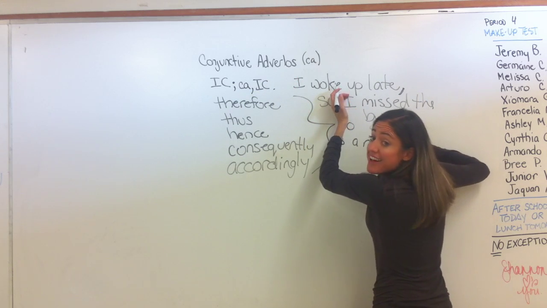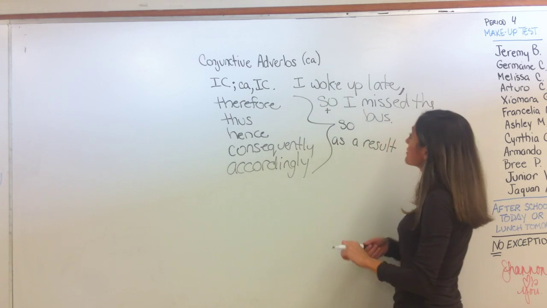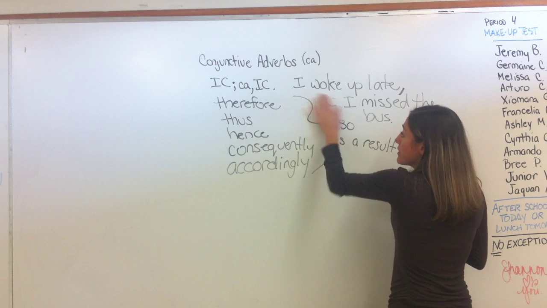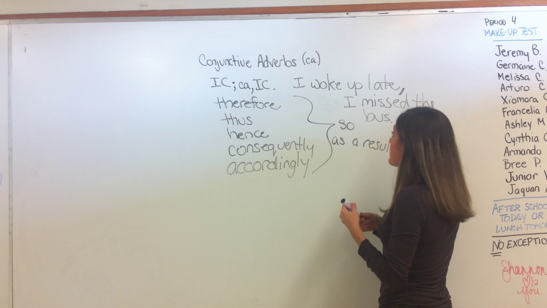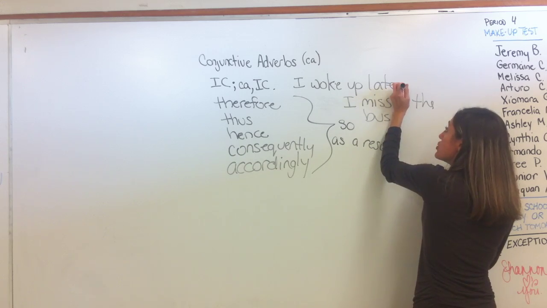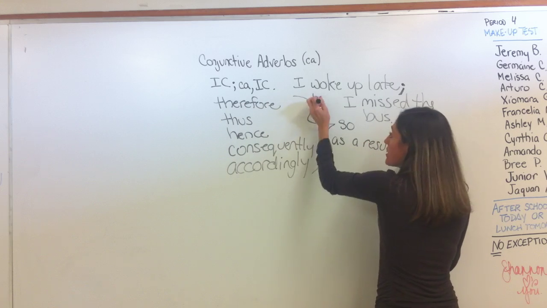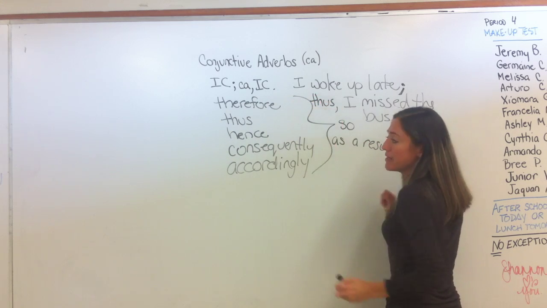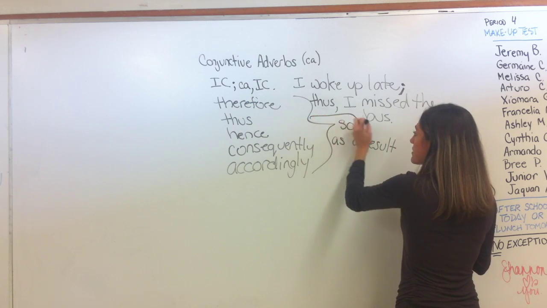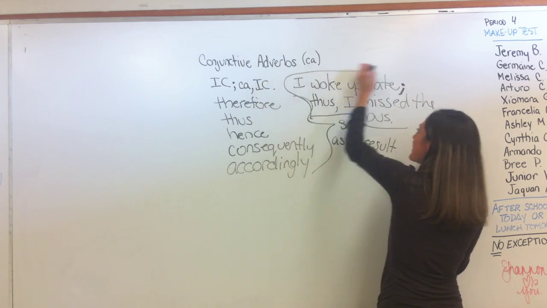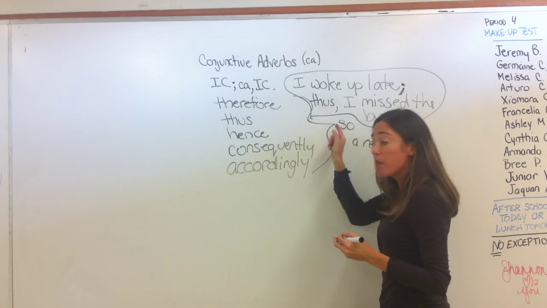You have your little coordinate conjunction in between, so you have a comma. Now, that means as a result, I missed the bus. So in place of it, you can change this to a semicolon and then put one of these words. Thus, comma. You must have a comma, remember. I woke up late; thus, comma, I missed the bus.